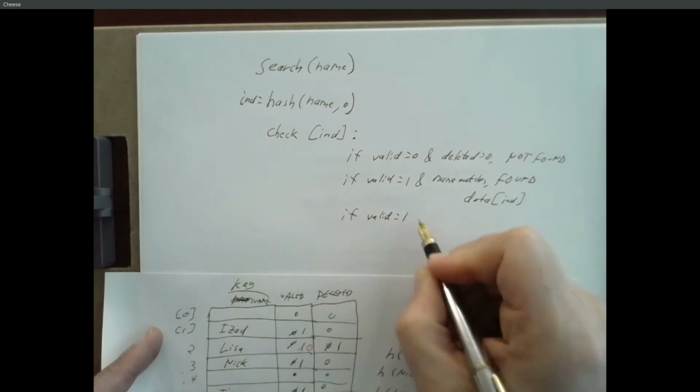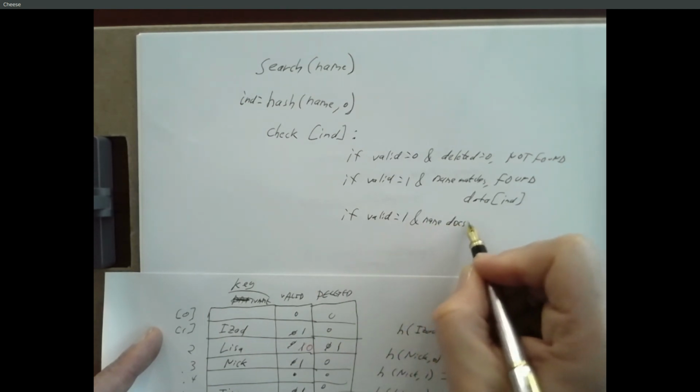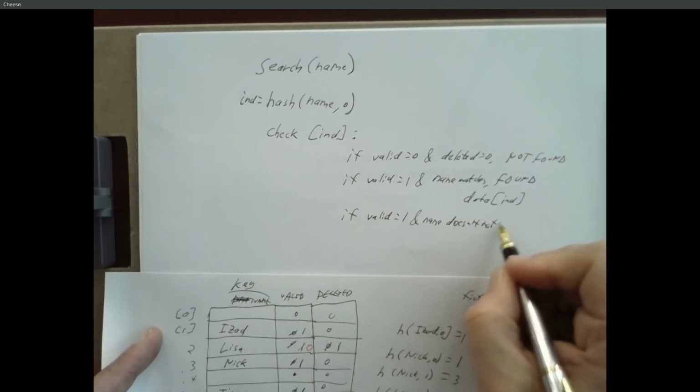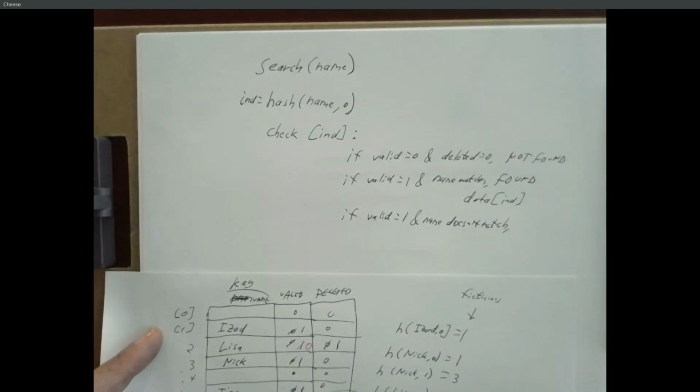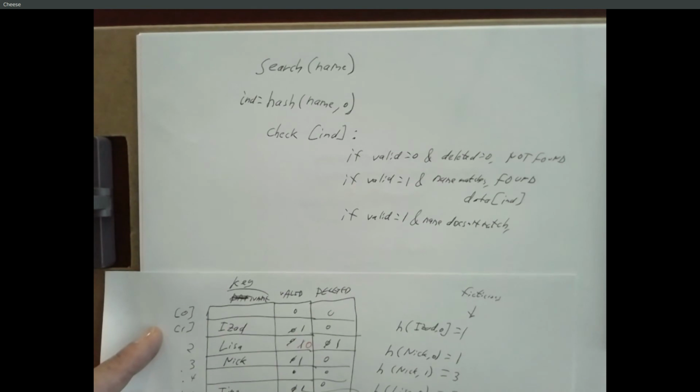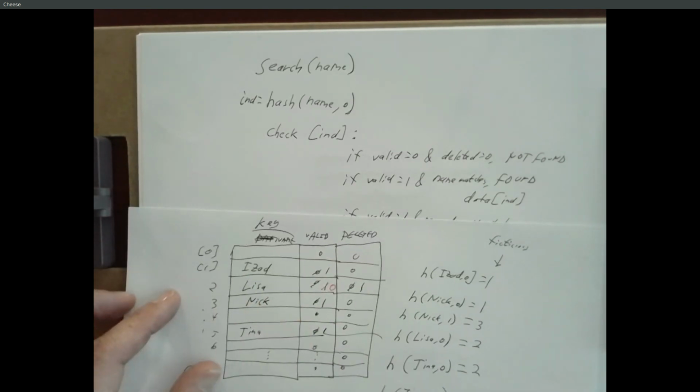If valid equals 1 and the name doesn't match, what do we have to do? If the name doesn't match, there's a valid name in here. We're looking for Bob.